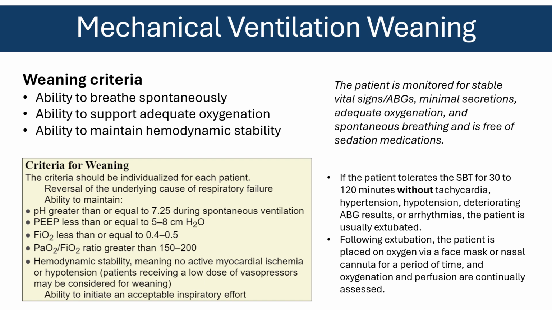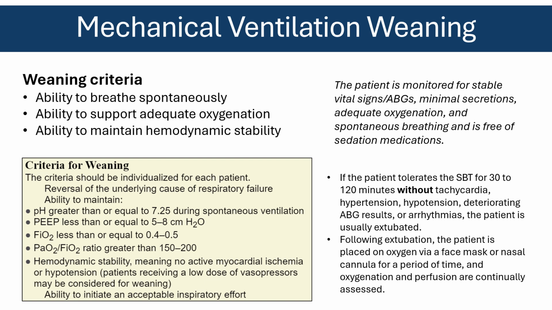But if they have a small dose, it will be considered again, individualized for the patient. And inability to initiate an acceptable inspiratory effort. Again, if they're having a hard time breathing, then they're not going to do well on the weaning trials.